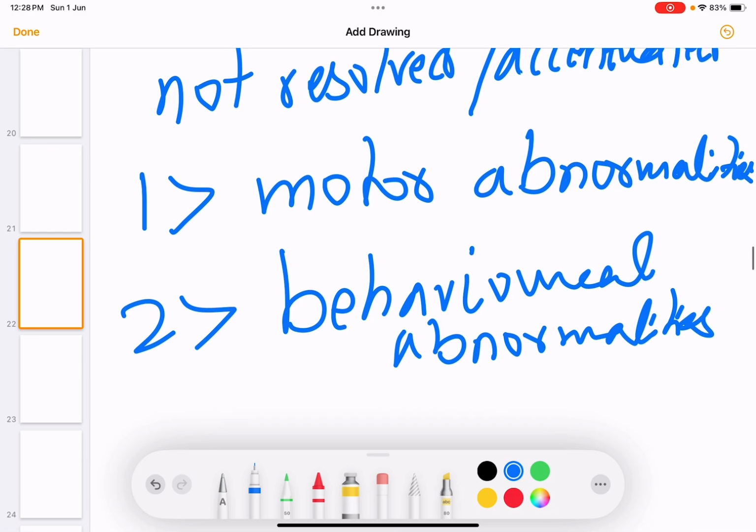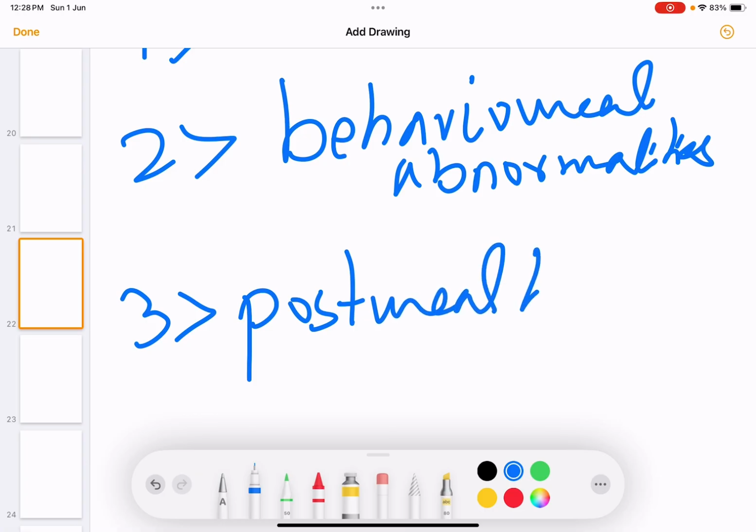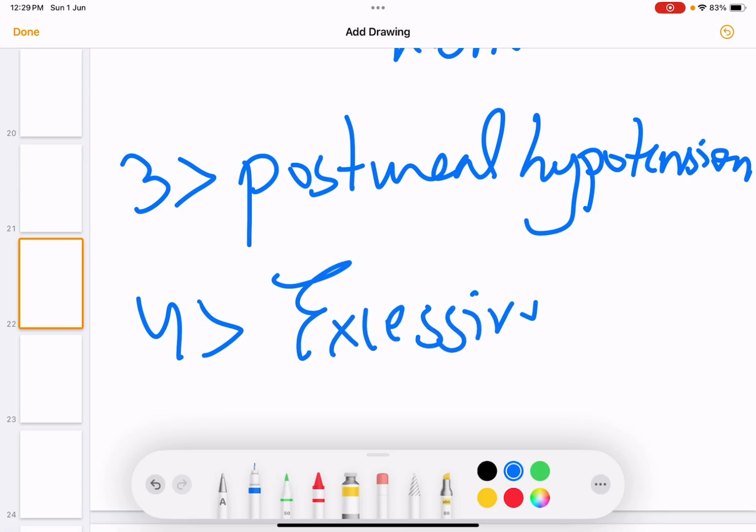Then other problem which is not resolved is postural hypotension. Then the fourth problem is there may be excessive daytime sleepiness. So excessive daytime somnolence.